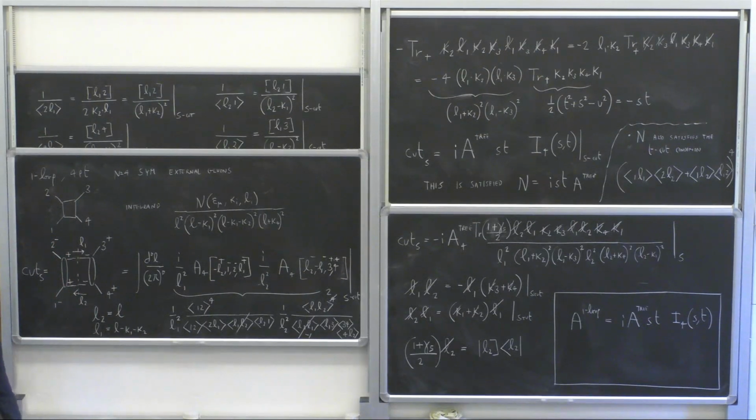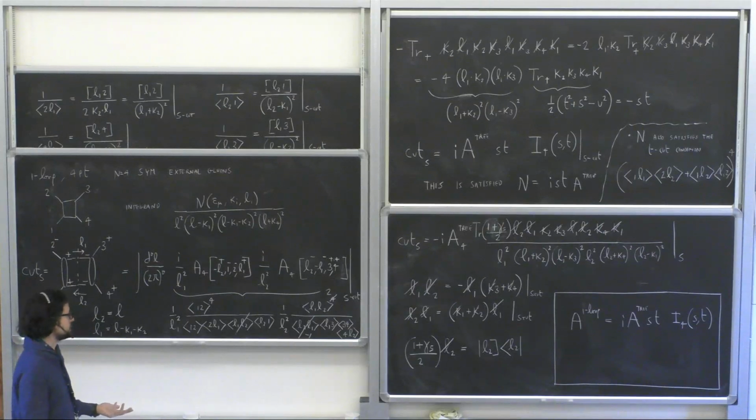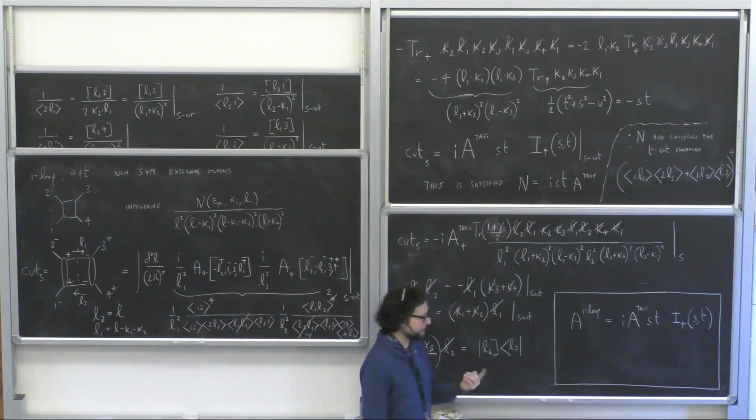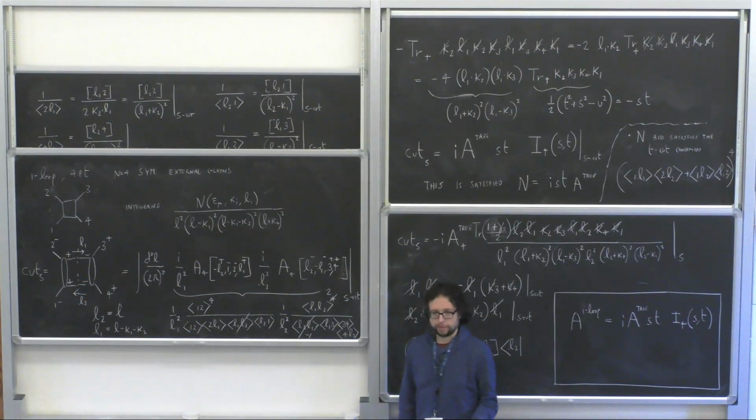You can do the same calculation, however, considering an additional number of cut conditions. In particular, you could consider a quadruple cut, or a cut in which all the internal lines are cut. That would still allow you to get to the same result, but on the other hand requires an interpretation different from the one from unitarity.